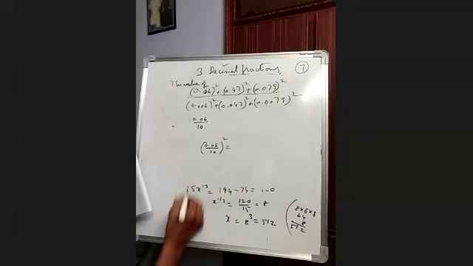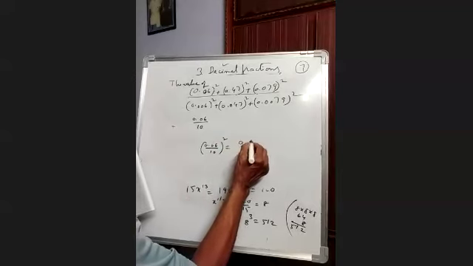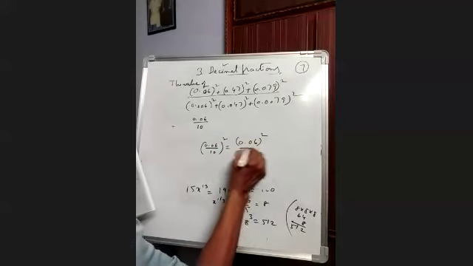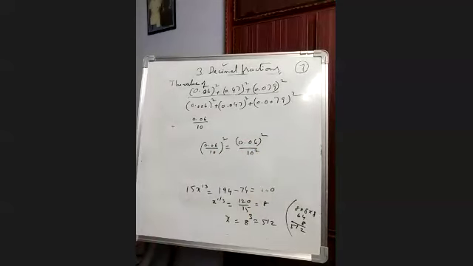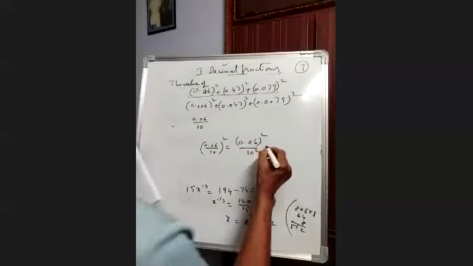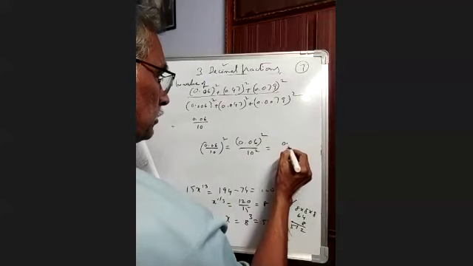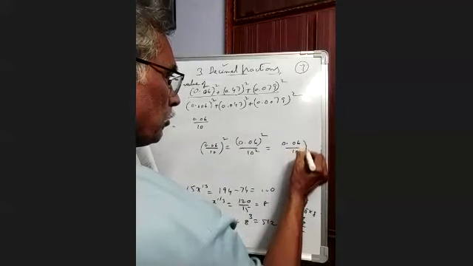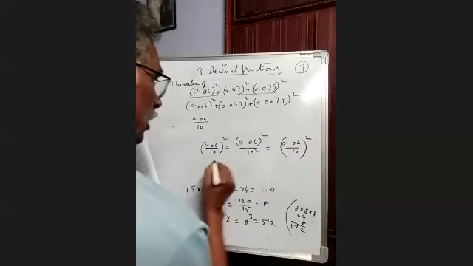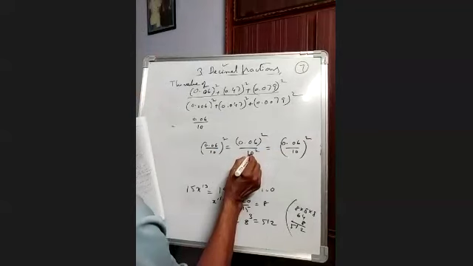First observe, try to observe this one. 0.06 whole square by 10 square. So what I'm trying to do is 0.06 by 10 whole square. So we have divided by 10 square here.